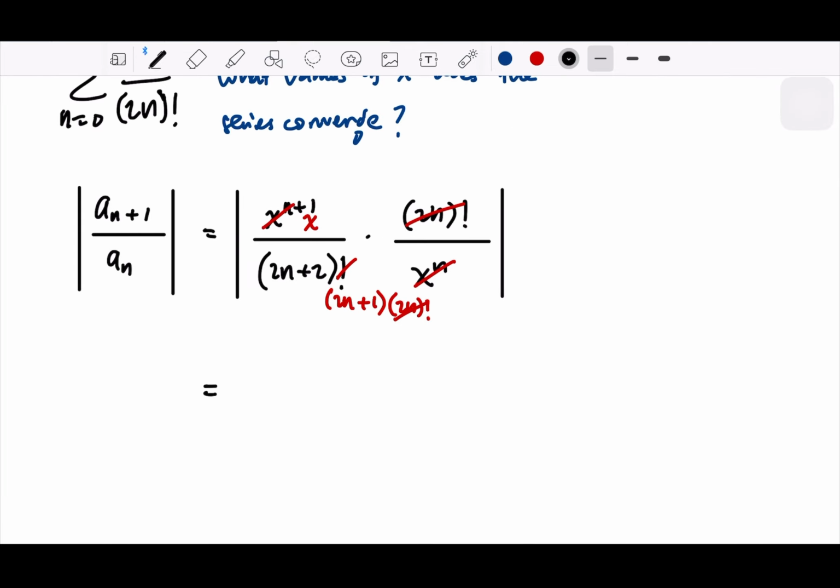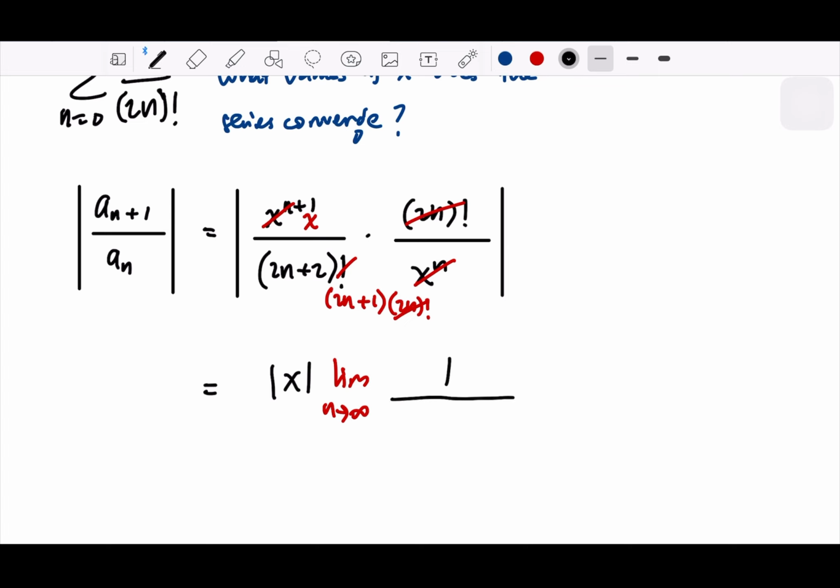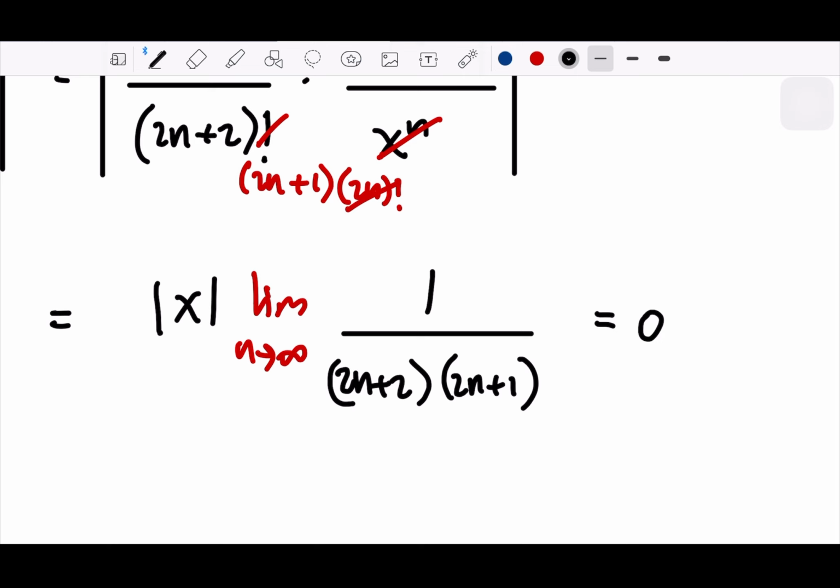Then we have the absolute value of x times the limit as n approaches infinity of 1 over (2n plus 2)(2n plus 1). This results in 0, because of 1 over infinity, which becomes 0.